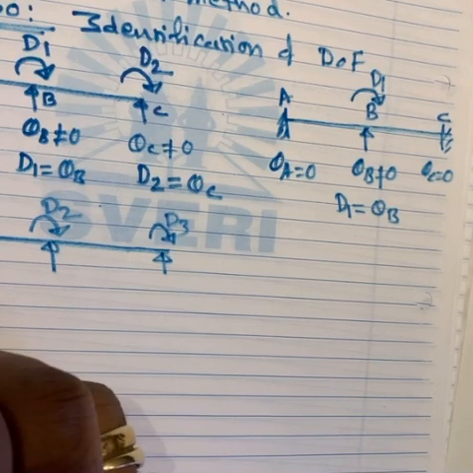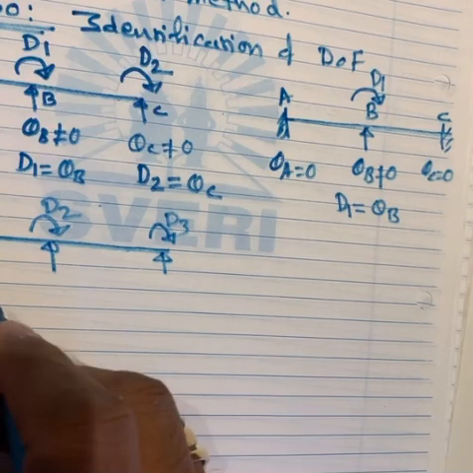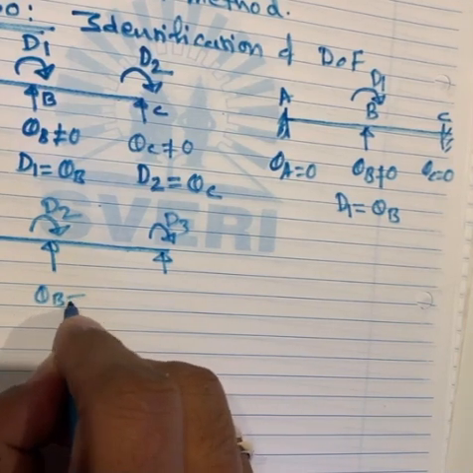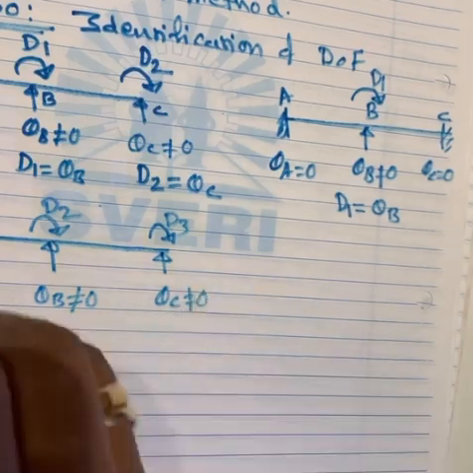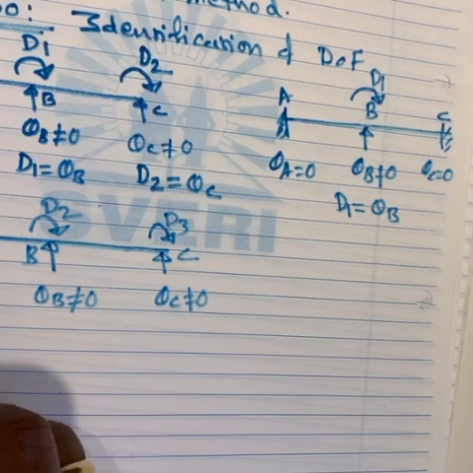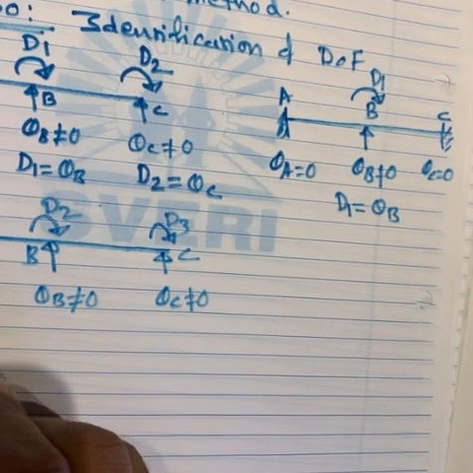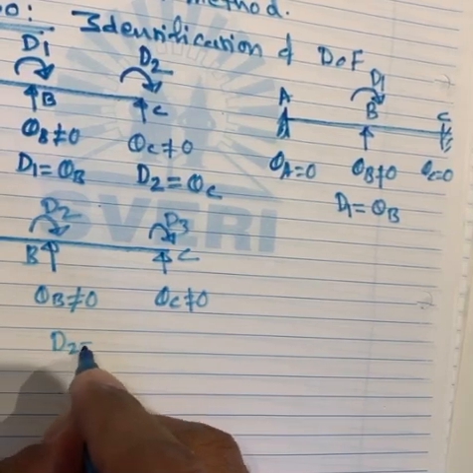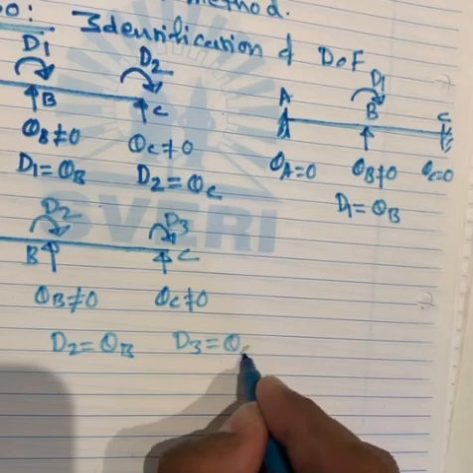These are various possibilities. You can see theta A is not equal to 0, theta B is not equal to 0, and theta C is also not equal to 0. Let me say A, B and C, and in that case D1 is equal to theta A, D2 is equal to theta B, and D3 is equal to theta C.